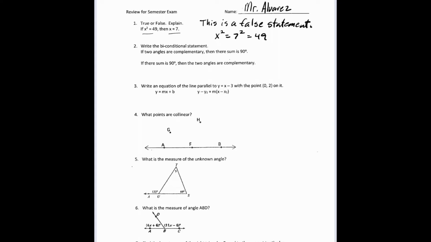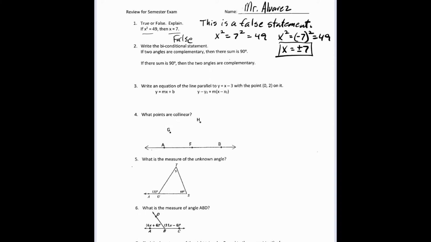But if we also square x and we use a negative 7, we also get a 49. So what we're not taking into account is the fact that we can have a plus or a minus 7 involved. So no, this is a false statement. Okay, and there's our explanation. We can have a plus or a minus 7 involved.